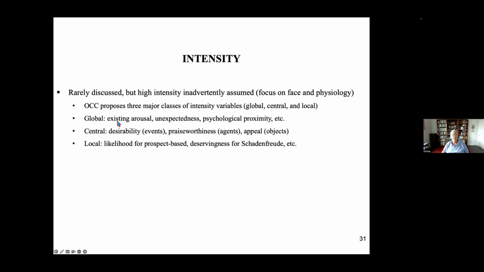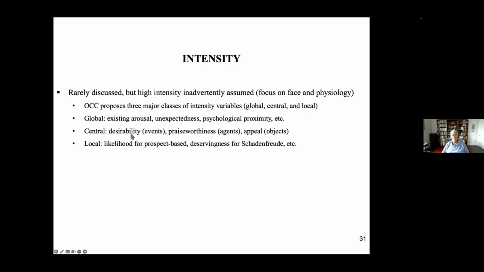The global intensity variables include things like the existing level of arousal, the unexpectedness of whatever situation is being evaluated, and psychological proximity. They're global in the sense that it really doesn't matter which of the three branches the emotion is on. These variables can, in principle, affect the intensity of any emotion anywhere.